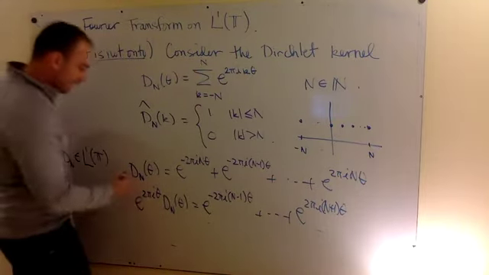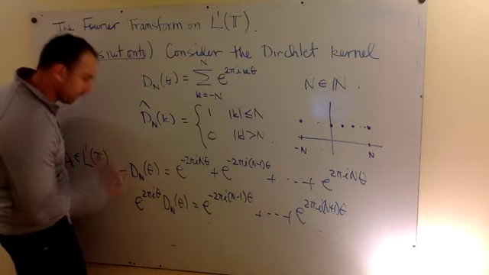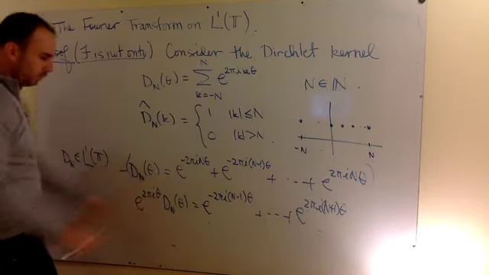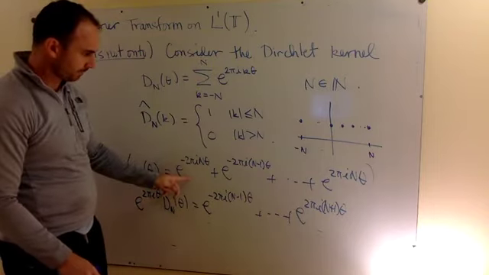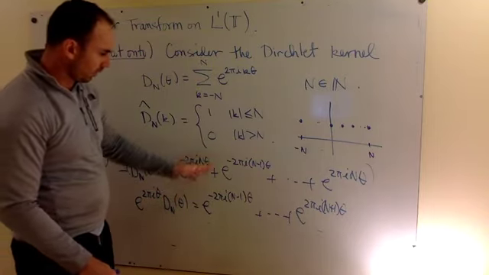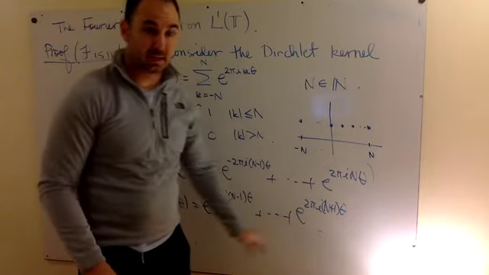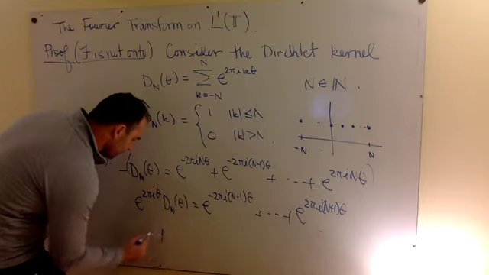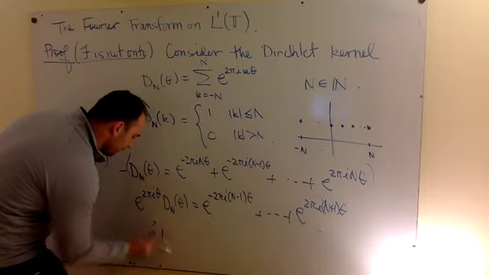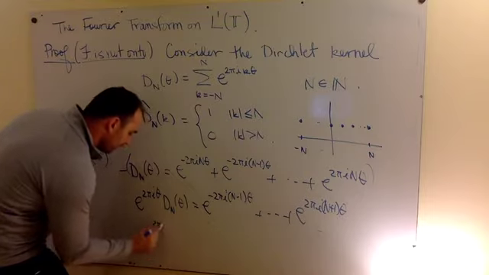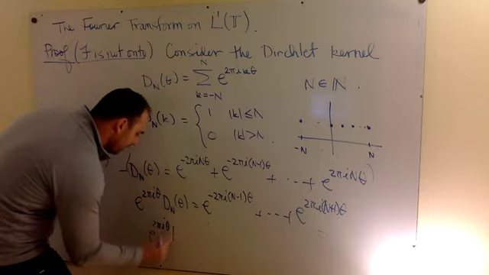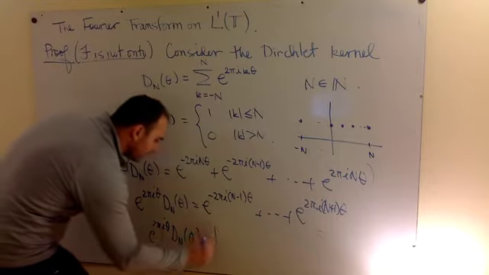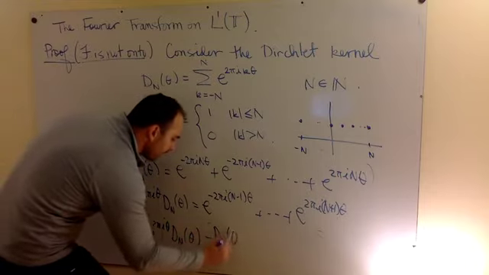And now if I take and I subtract this one from here, well, what happens is all of these ones are going to cancel. And so what I get is e to the 2 pi i theta D_n theta minus D_n theta.